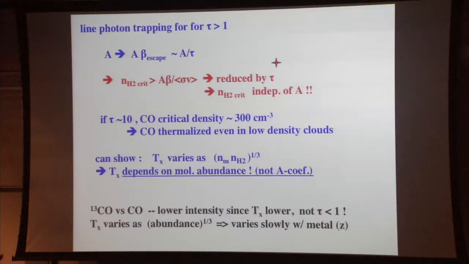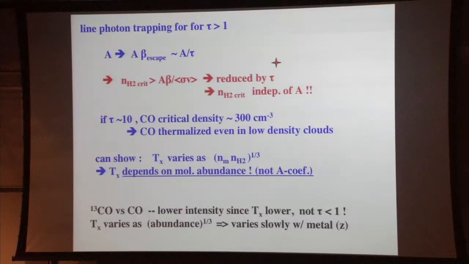The critical density does depend upon the molecular abundance and on the H2 density. And you can show roughly analytically that T excitation varies as the 1/3 power of those quantities as you approach thermal equilibrium.